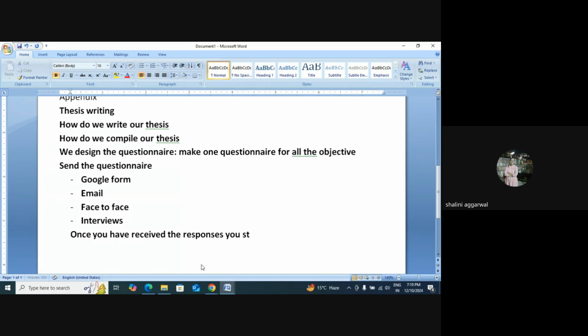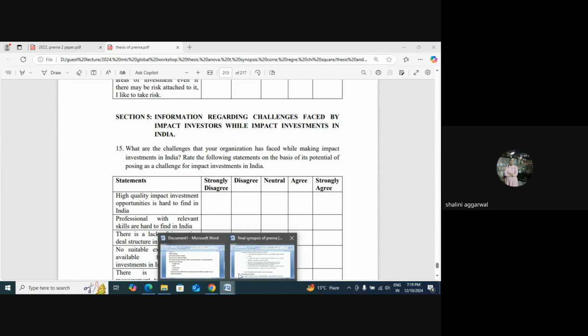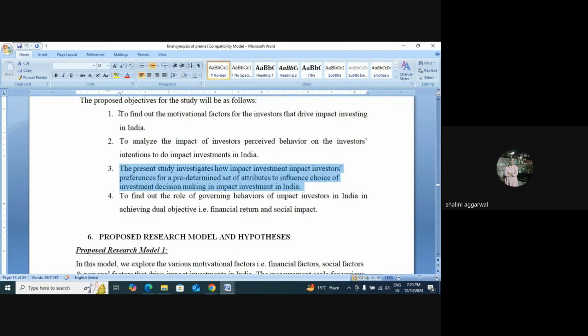Papers with respect to different objectives, right? So what I'm trying to tell you is, let's say I have got the responses for all the statements of this questionnaire. What I will start doing is go with one objective of my questionnaire at a time.